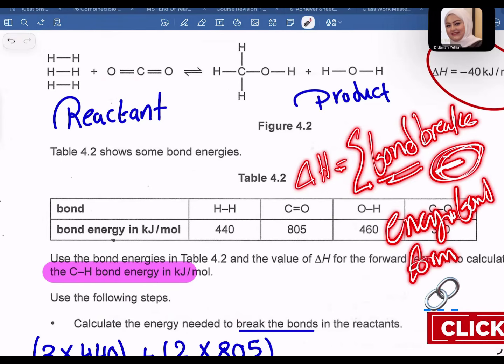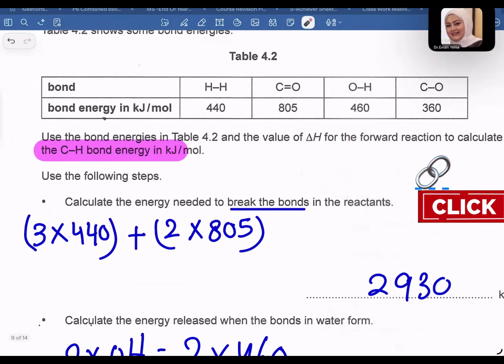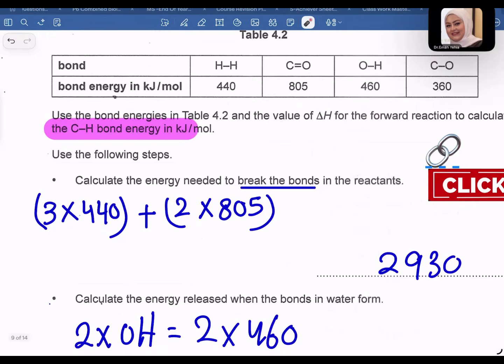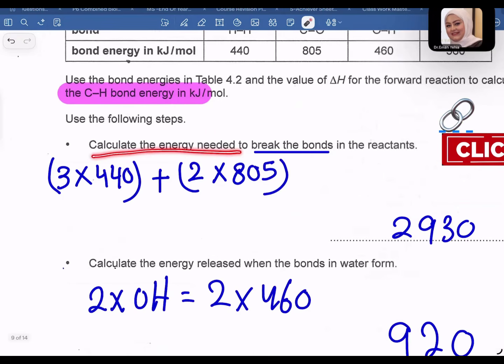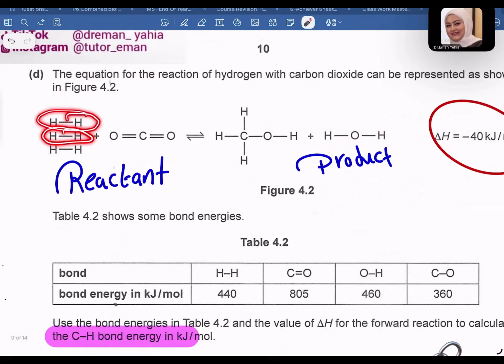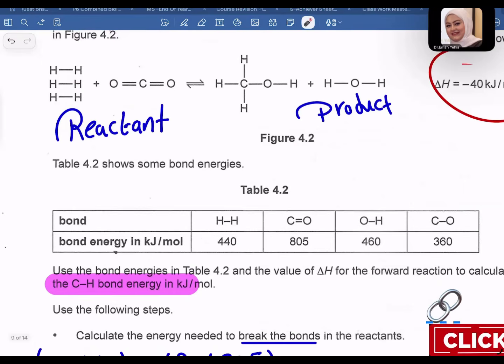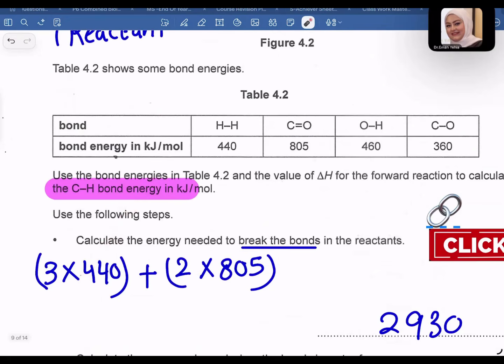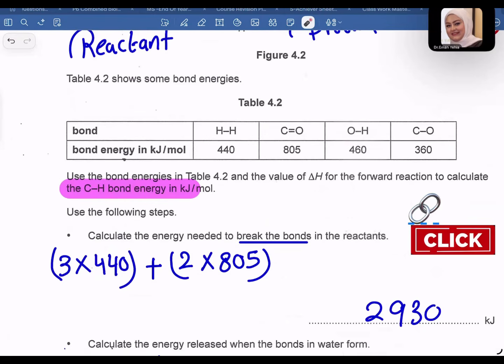Okay, so first calculate the energy change to break bonds in the reactant. So the reactant now: HH, HH, HH. So 3 multiplied by the value of HH.